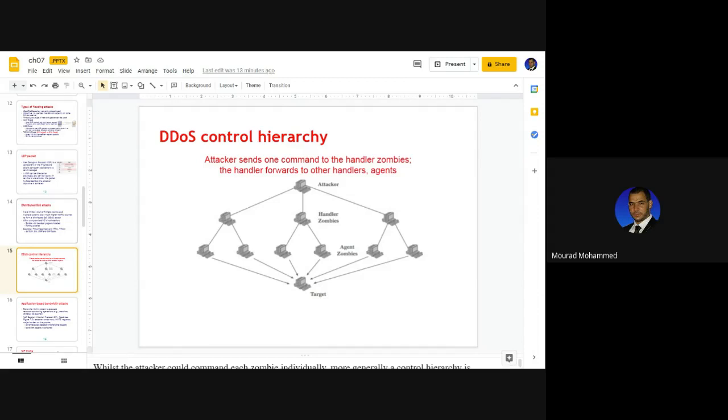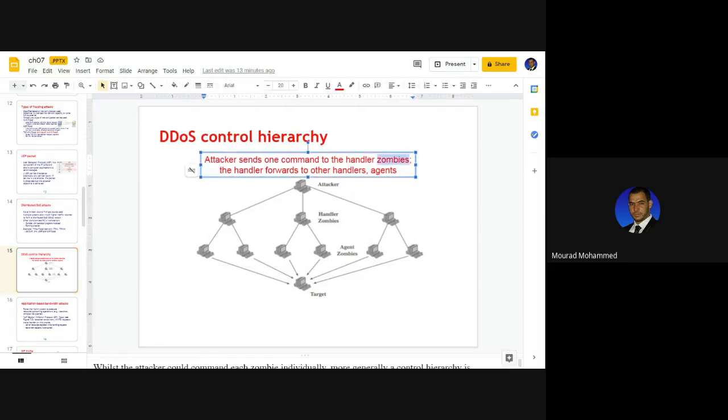So an attacker attacks a target, and this target is one device, the attacker is one device, and the attacker would use a list of compromised devices, and each compromised device is a zombie. All of them are zombies, and those zombies generate one botnet, a network of robots. They are only doing what this attacker wants. They are acting according to the commands of the attacker.